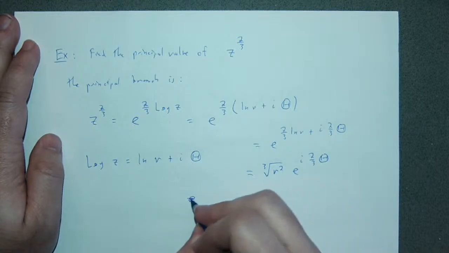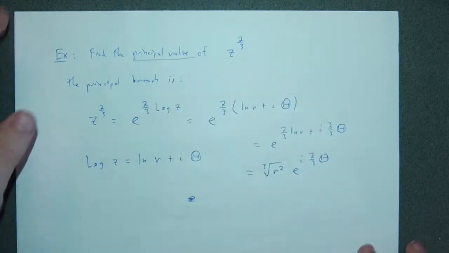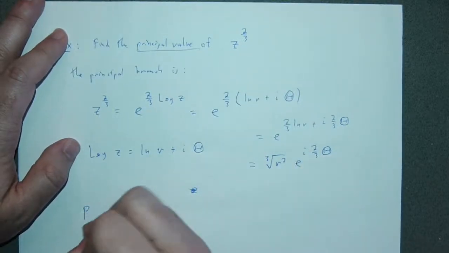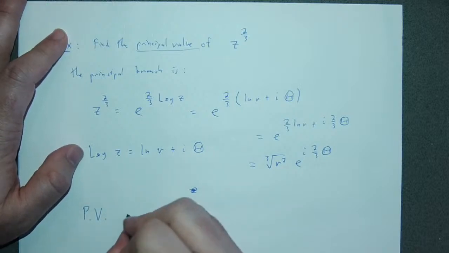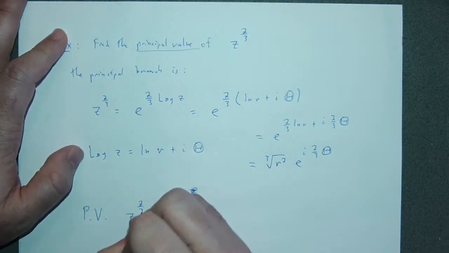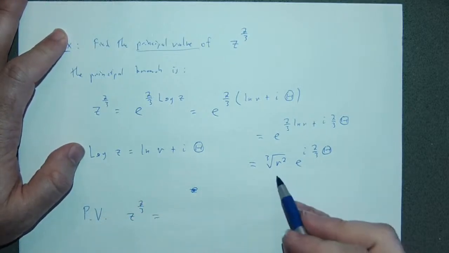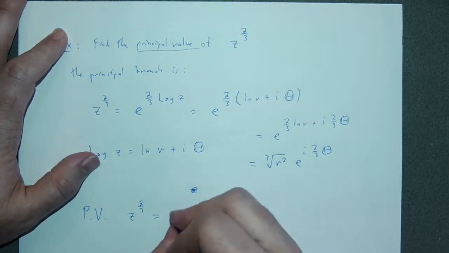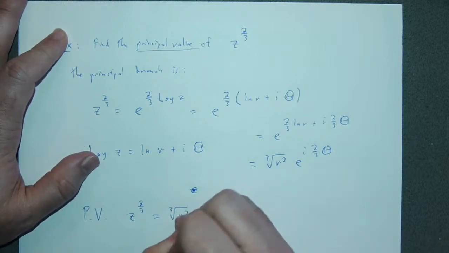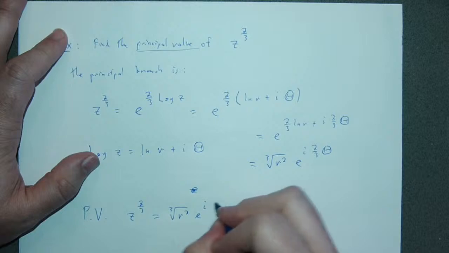Since I'm looking for the principal value for some particular z, in order to write that out in general, the principal value of z to the 2/3 is equal to cubed root of r squared times e to the I times 2/3 big theta.